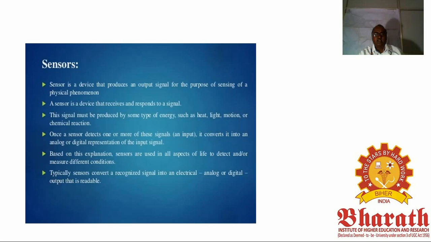Typical sensors convert a signal into an electrical signal, because it's always better that we obtain a final electrical signal, either voltage or current, which can be stored in a digital format in any of the devices.